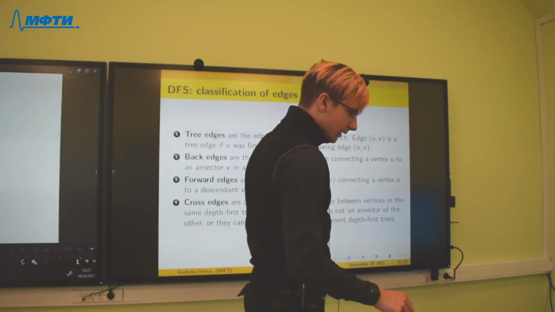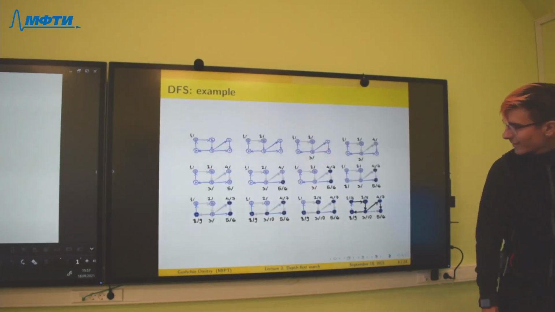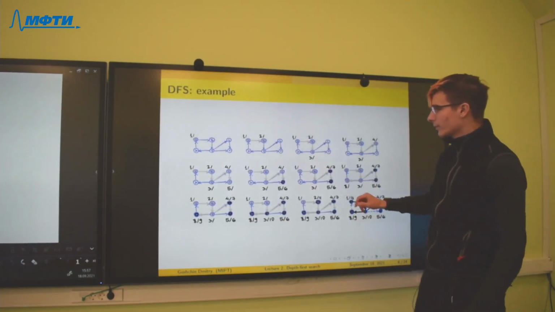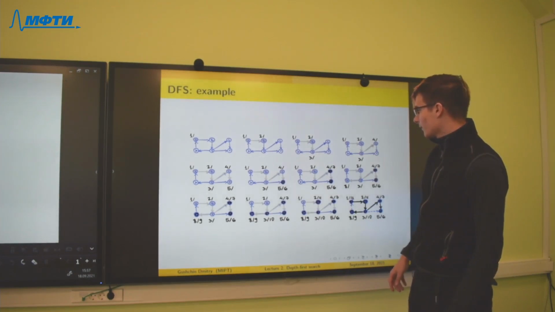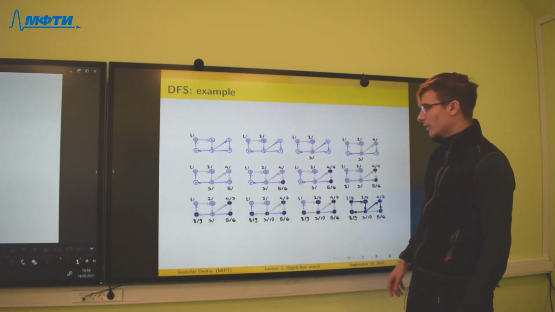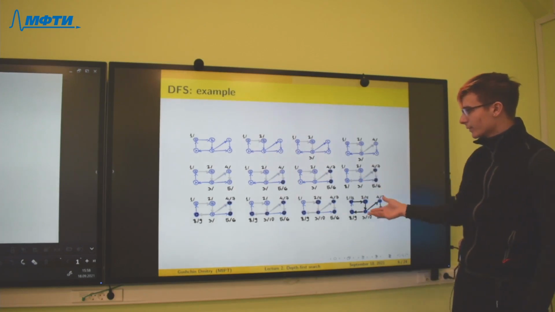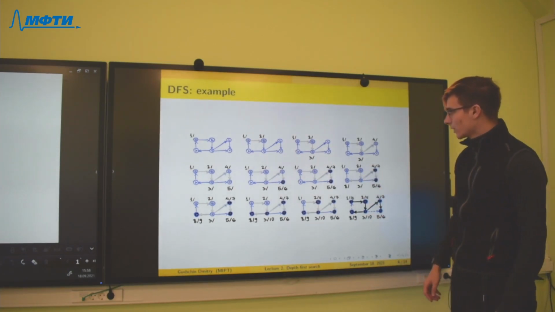We need to understand which vertices we have already explored. If you use, for example, a bool variable for this, it's equal to this coloring.